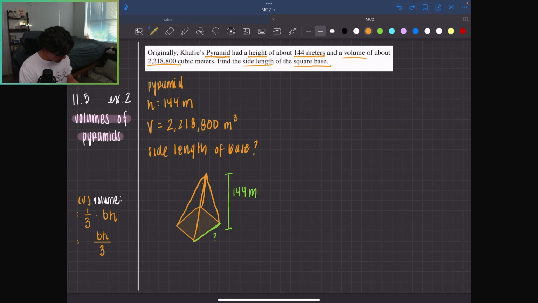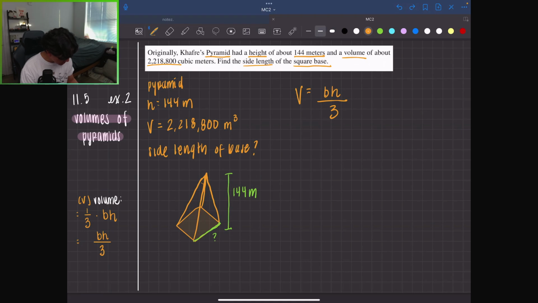What I'm going to do first is write out the formula of volume, since that's what we have here. Volume equals the base times height divided by 3. Okay, cool. A little bit more about this base. Remember, to find the base, we need to find the side length times the side length.